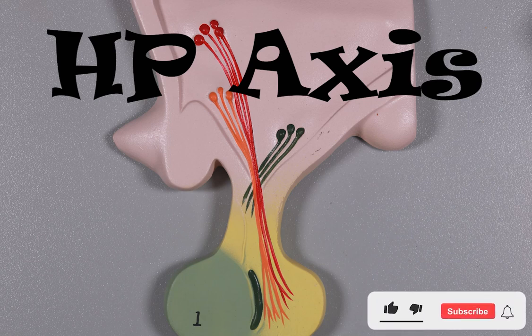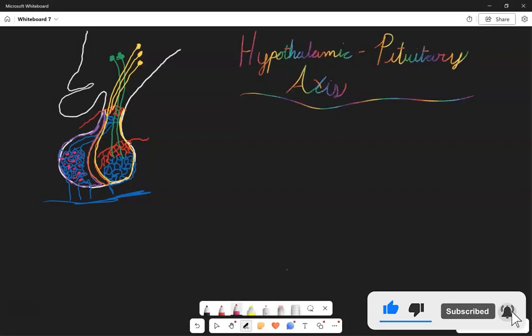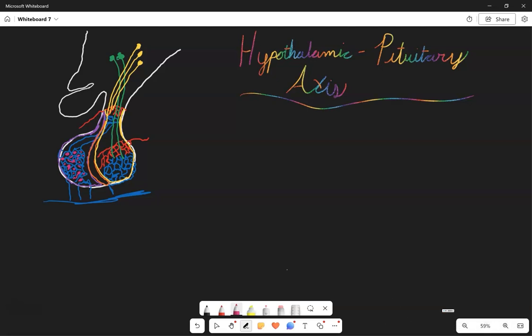The pituitary gland is often referred to as the master endocrine gland inside of the body because of the multitude of hormones that it secretes and the variety of functions that those hormones have inside of the body. And the pituitary is controlled by a region of your brain called the hypothalamus.